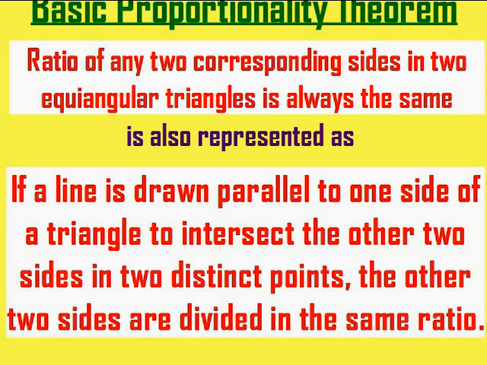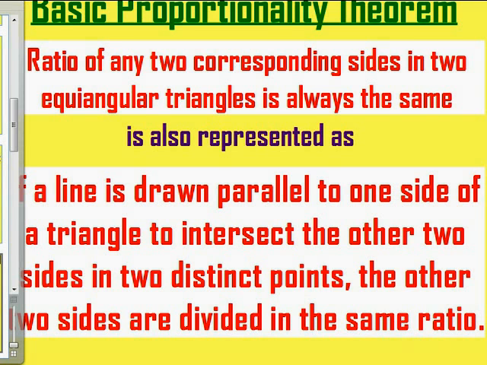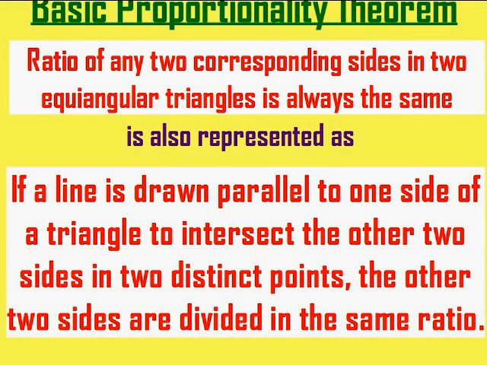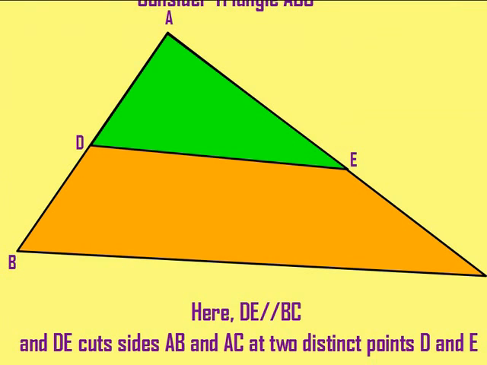Let's understand this. Let us consider triangle ABC. Here I've constructed DE parallel to BC. That is to say, I've chosen two distinct points D and E on the triangle ABC such that line segment DE is parallel to BC.